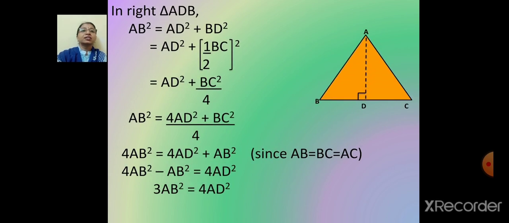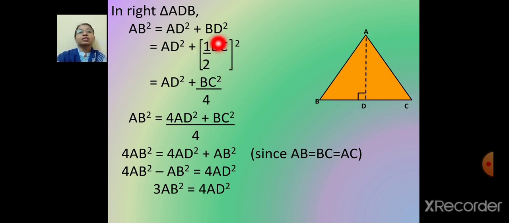Now, in triangle ADB, any one triangle you take. So suppose in triangle ADB, a right angle triangle, so apply Pythagoras theorem. So AB square is equal to AD square plus BD square. So that is equal to AD square, but BD is what? BD is half of BC.